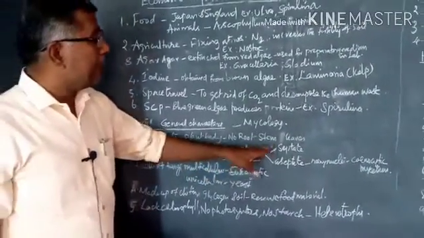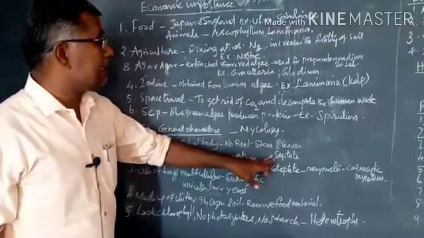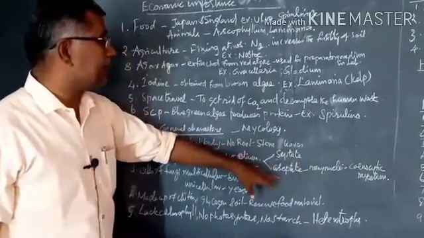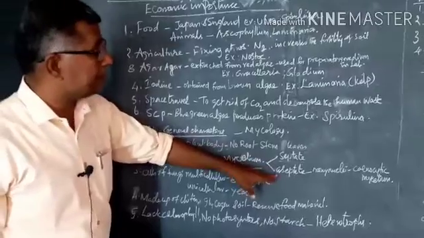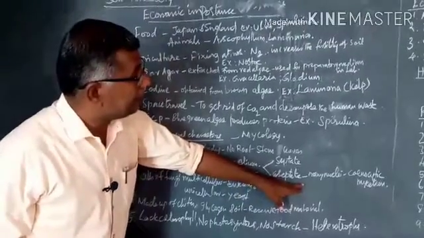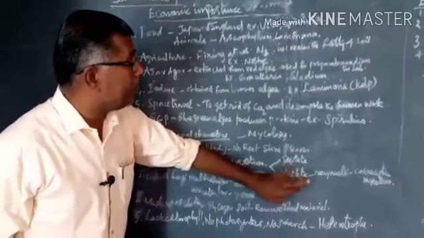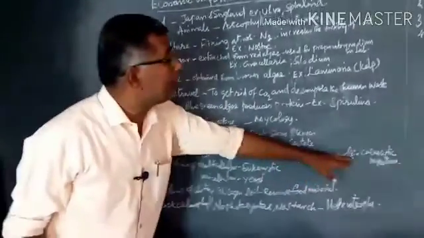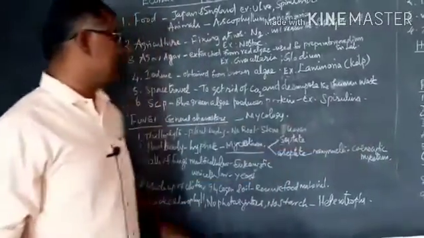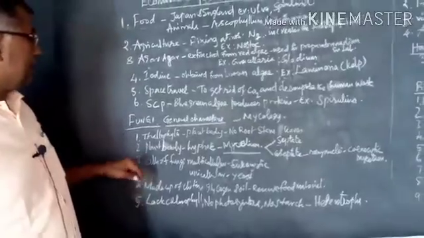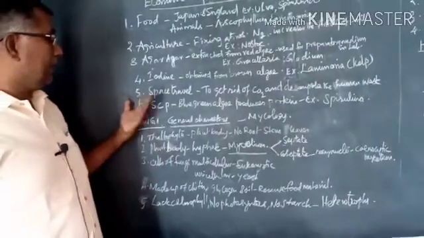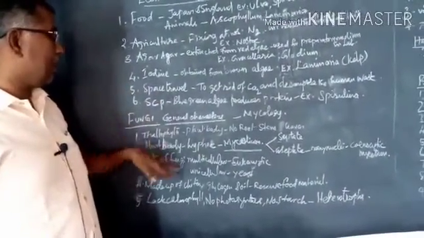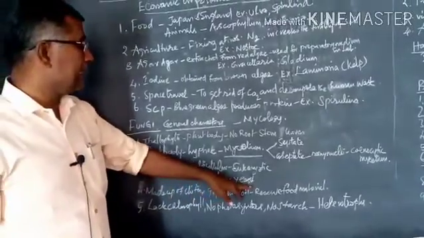Mycelium having cross walls is called septate. When the cross walls are absent, it is called aseptate. The aseptate having a number of nuclei is called coenocytic mycelium. The cells of fungi are unicellular or multicellular. Unicellular is yeast.